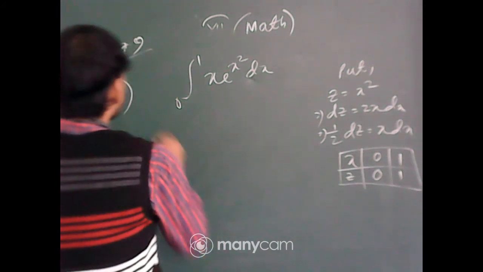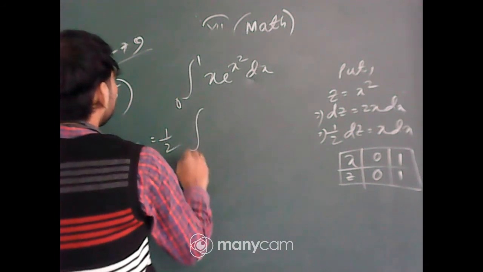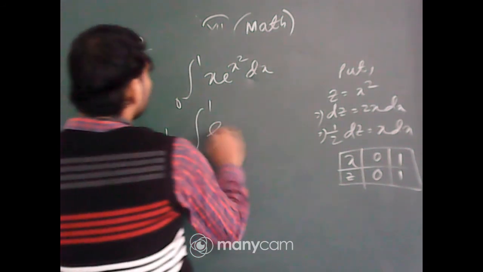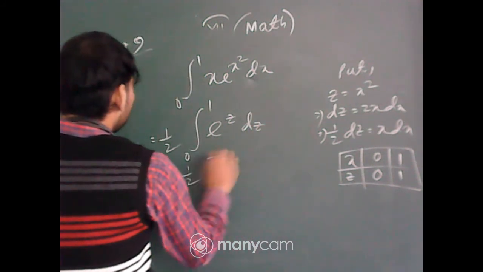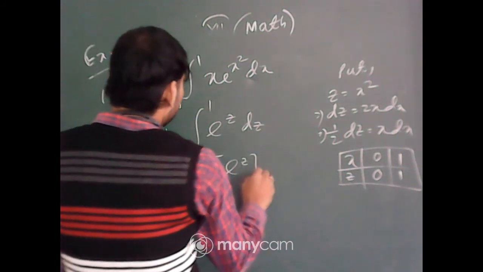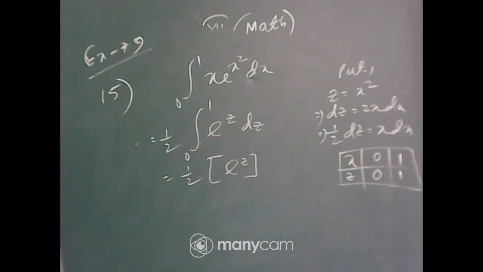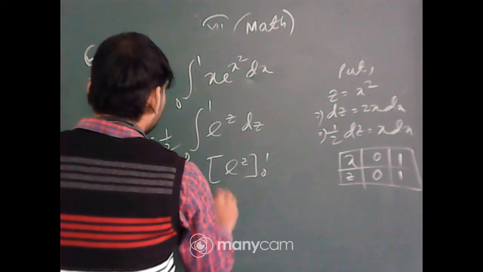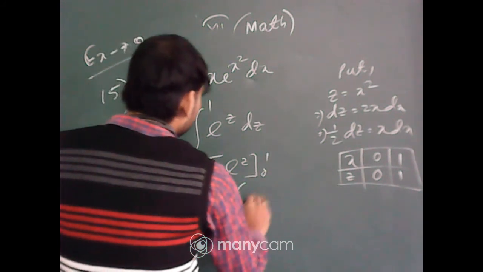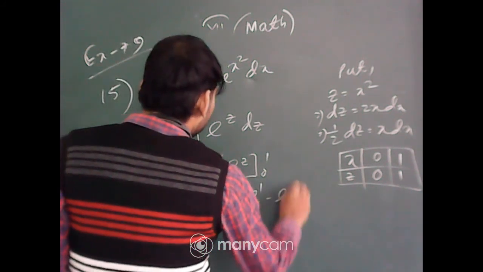Okay, so put it. So 1 by 2 integration 0 to 1 e to the power z dz. So 1 by 2, after doing the integration, e to the power z remains unchanged, and then the limits. So 1 by 2 e to the power 1 minus e to the power 0.